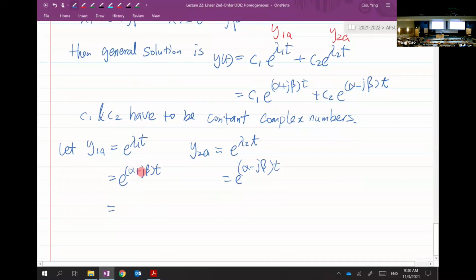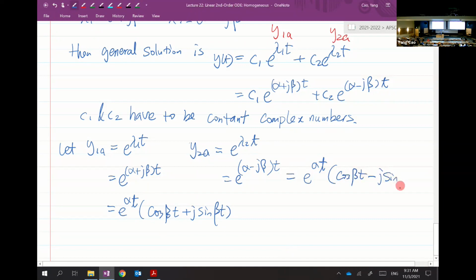Now I'm going to use Euler's formula. For the first term, alpha is a real term, so e to the power of alpha t, and e to the power of j beta t is cosine beta t plus j sine beta t. And this one is e to the power of alpha t, then cosine beta t minus j sine beta t.